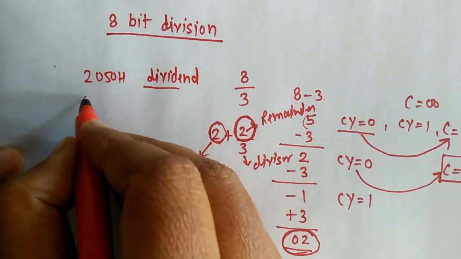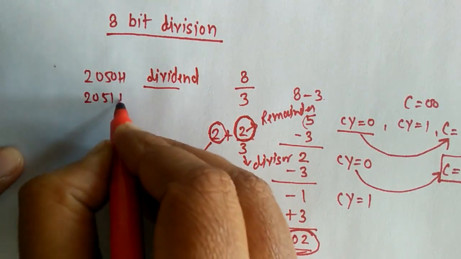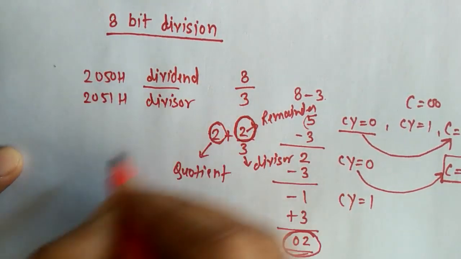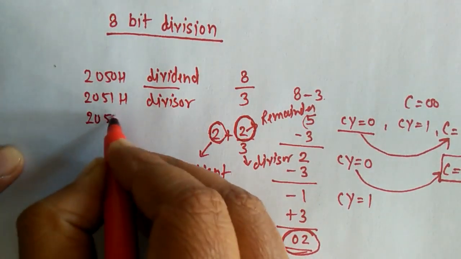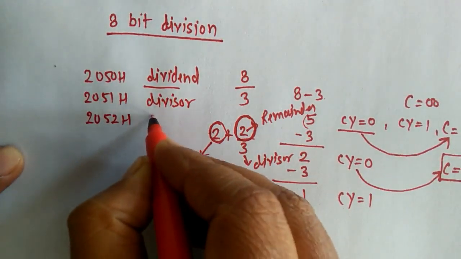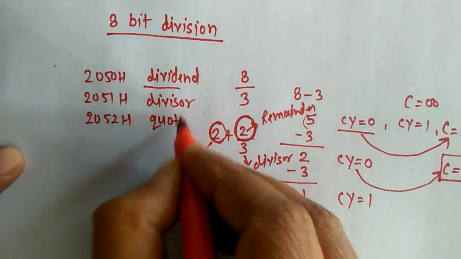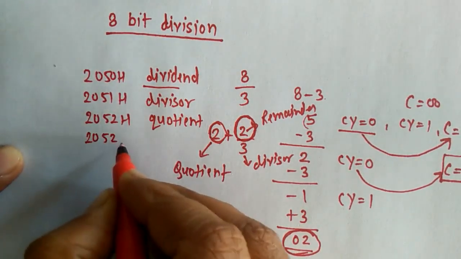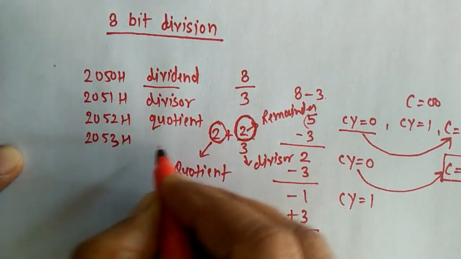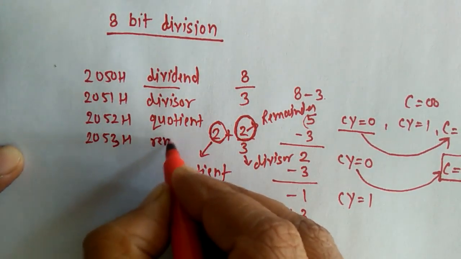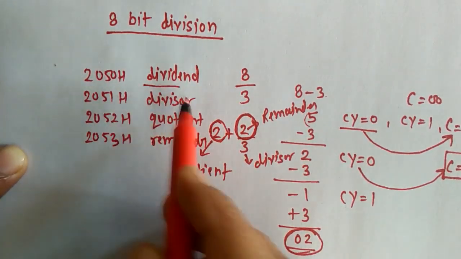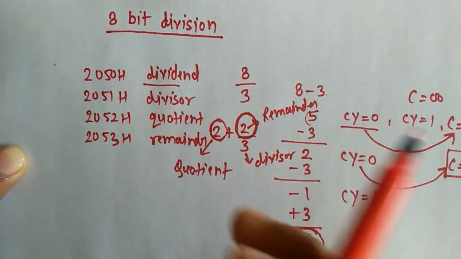Then at the next address I'm assuming the divisor will be given, on the next address I am going to store the quotient, and at the next address we are going to store the remainder. That means in this program, 4 consecutive memory locations will be used throughout.